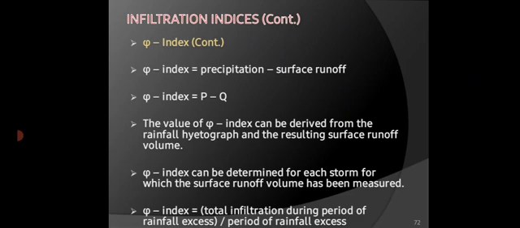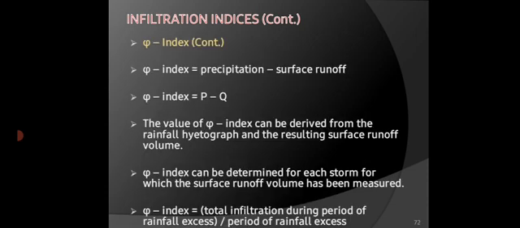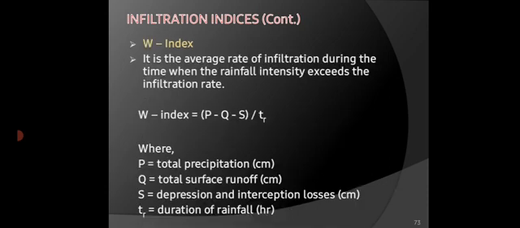That period of rainfall is known as rainfall excess, right? It is that duration where rainfall excess, meaning runoff, starts. Okay, so what is phi index? It is P minus Q, or the total infiltration during period of rainfall excess divided by period of rainfall excess.